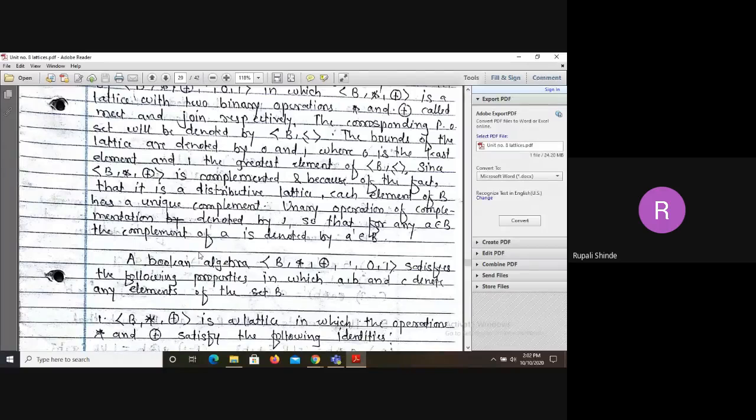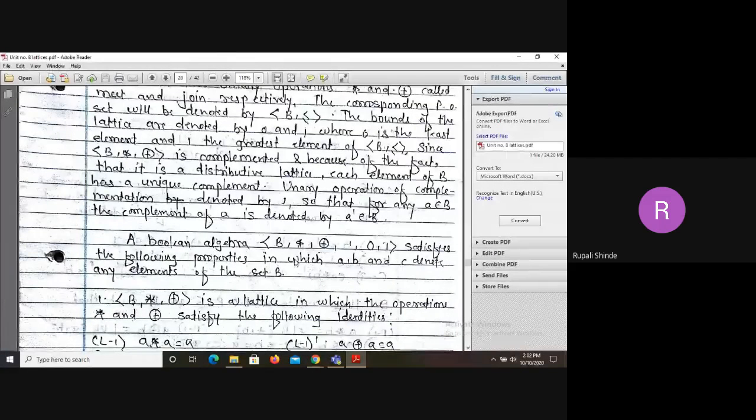So properties of lattices we have seen: first property, commutative. Yes. Idempotent, commutative, then associative, and the last one absorption. So the same properties we have to repeat here, and again we have to add some extra properties.